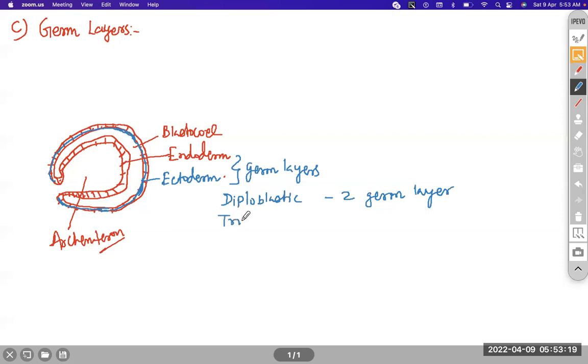If a third germ layer comes, some of the cells of the outer layer and some of the cells from the inner layer come together and form a new intermediate layer of cells, and that is called mesoderm. So when mesoderm is also present, the animal is called triploblastic. Three germ layers are present. Okay.